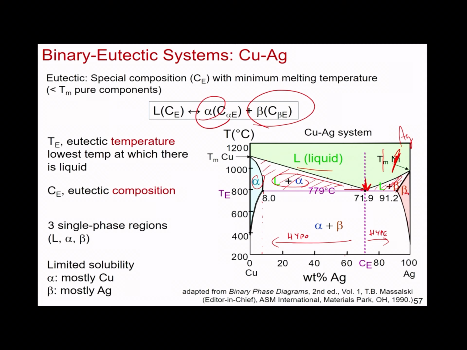And then if you're in the hyper region, you start in the green liquid area, and then you hit the liquidus line, and your material will then start forming this beta phase. Okay, so you form this beta phase right here, and we call that beta phase to distinguish it from this beta phase. So above and below, we have two terms to distinguish what kind of beta or what kind of alpha we're talking about.